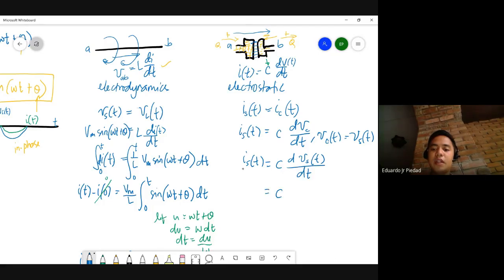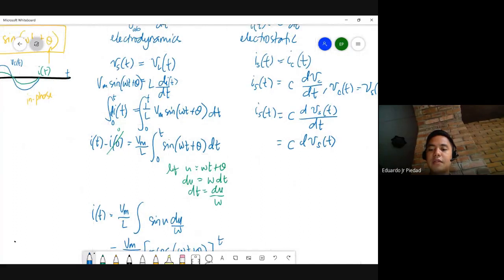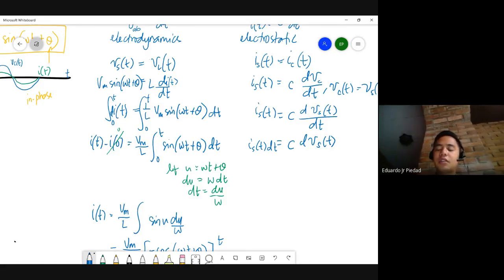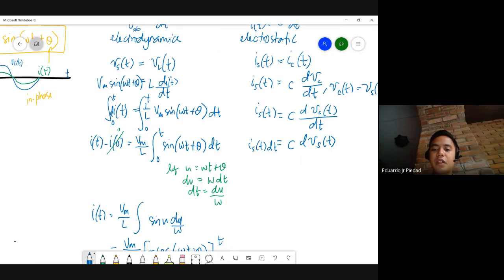Then we can cross multiply, and you have Vs of t and then Is of t dt. Our goal is to get the voltage, so we swap the two.